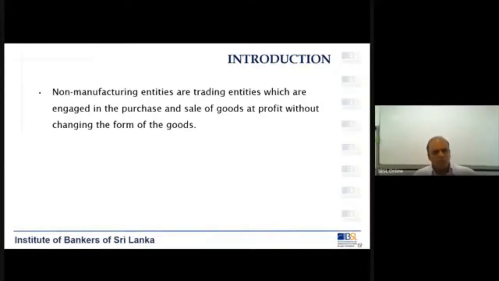You also have to be mindful that they are not going to change the form of the goods. For example, let's assume that you are going to sell milk powder packets of one particular brand, say Anchor milk powder packets, in your grocery or shop.